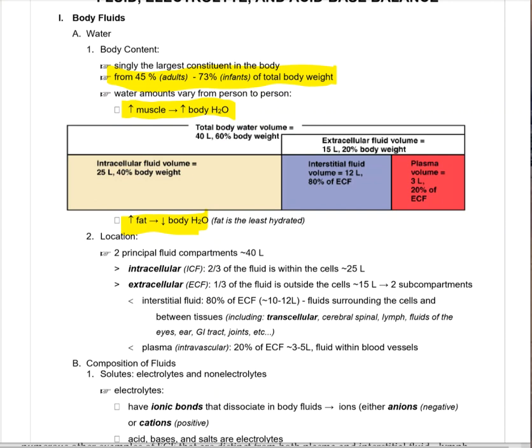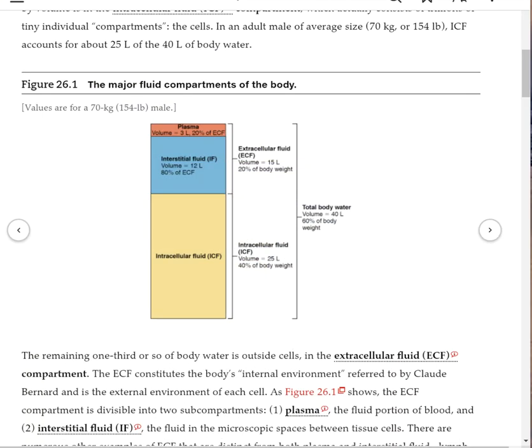And so this picture here, there's a sideways version of this picture, which is pretty much the exact same thing on 1013. I'll show it to you here in the book. And what this shows is the total volume of water. And they're using an adult male that's approximately 150 pounds.